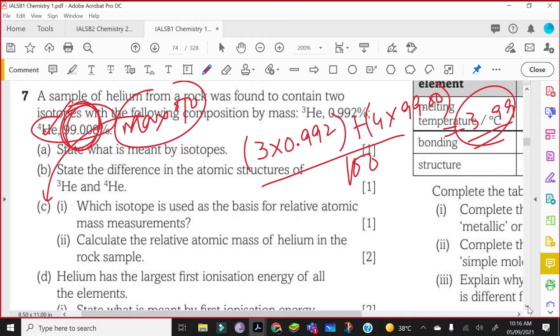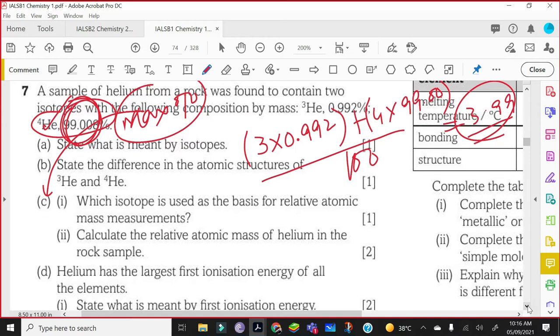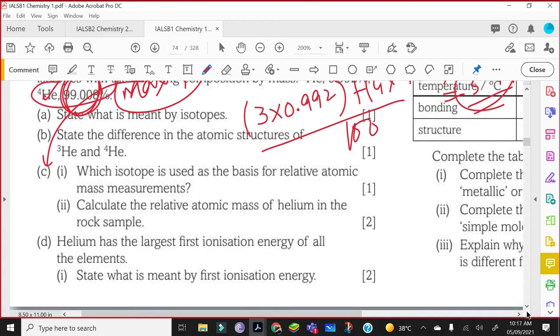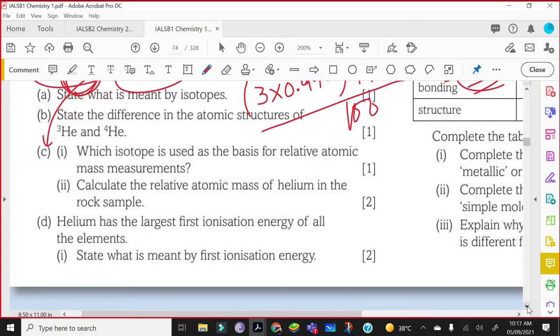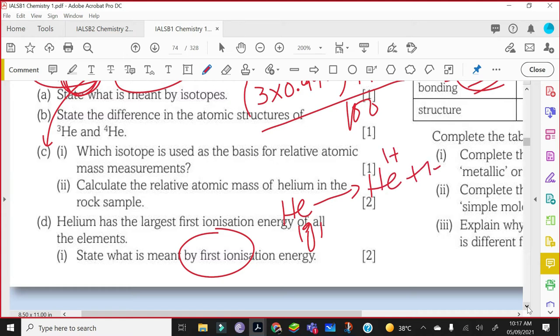Helium has the largest first ionization energy of all the elements. State what is meant by the first ionization energy. Sir, the ionization energy of an element is the minimum amount of energy required to remove one electron from the outermost shell. Okay, fine.